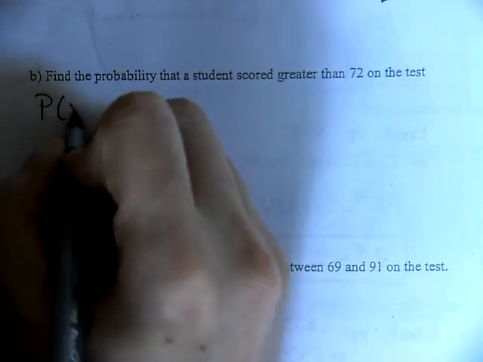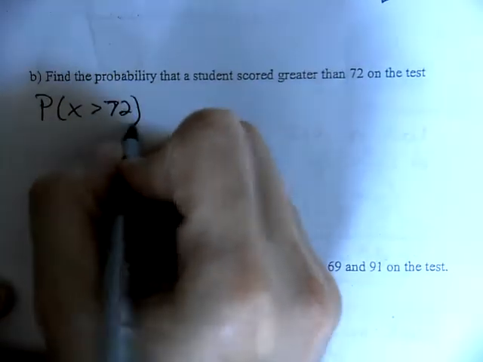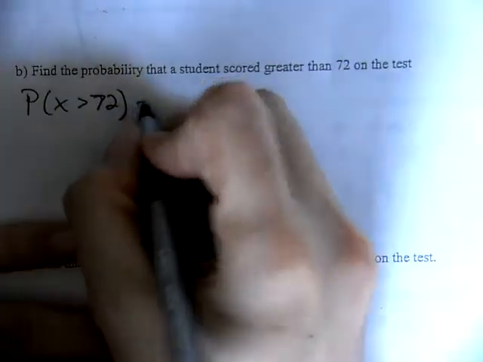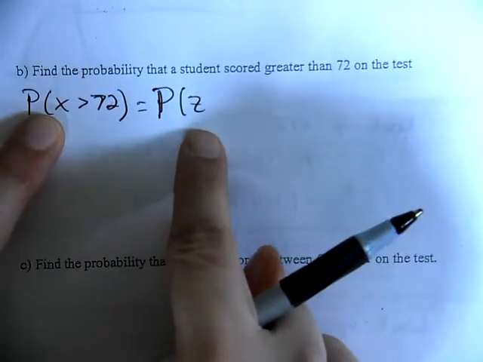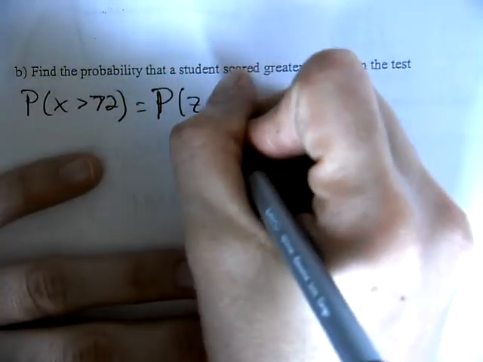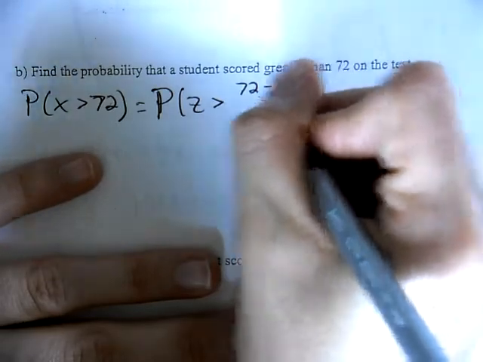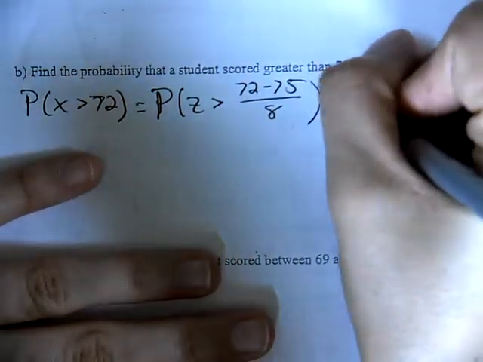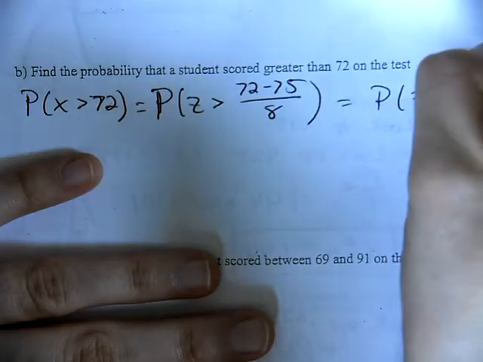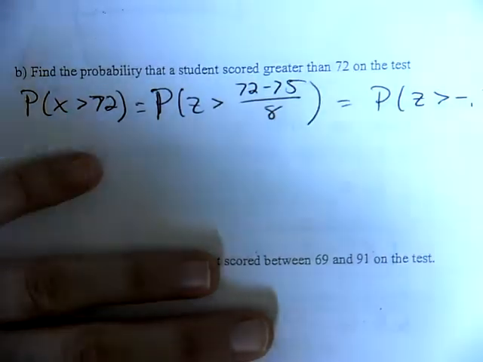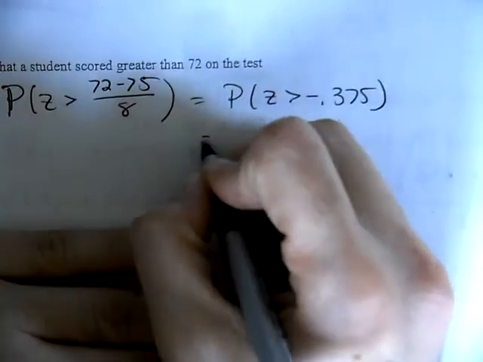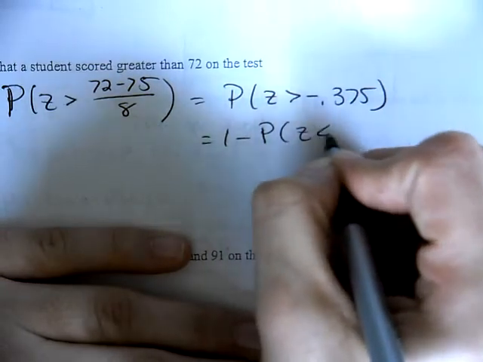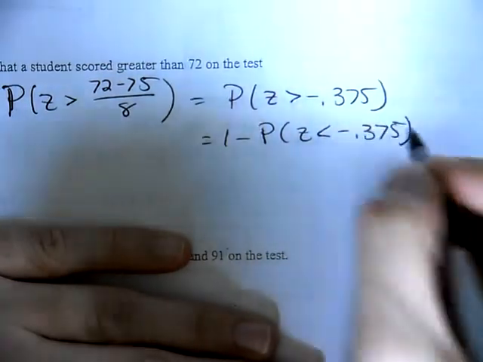Find the probability a student scored greater than a 72 on the test. So X is greater than 72. So again, your first step is to find the z-score. Notice when I'm doing my notation, I'm changing from X to Z when I find my z-score. So it should be greater than 72 minus 75 divided by 8. So Z should be greater than negative 0.375. Now, again, the table will only tell you less than, so I got to do 1 minus the probability Z is less than negative 0.375.